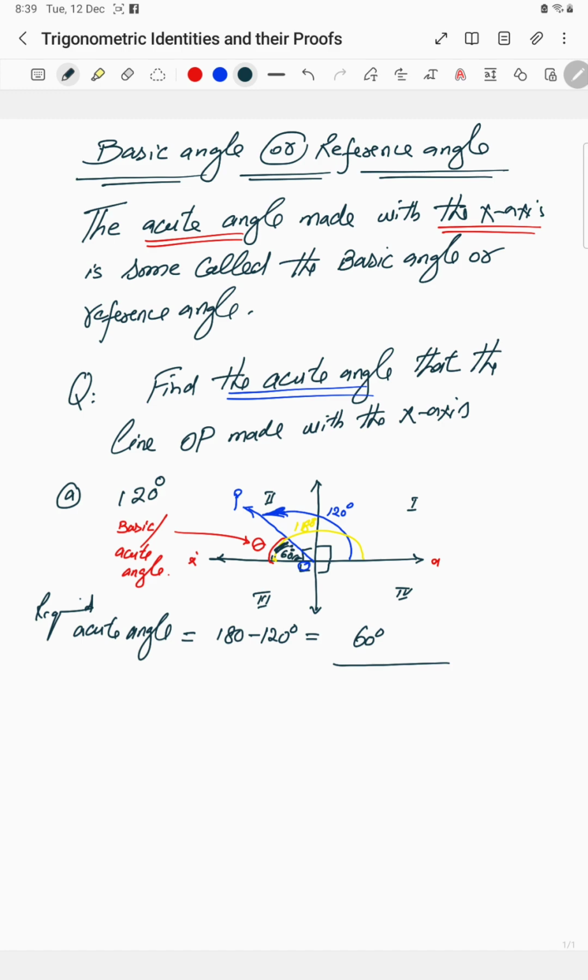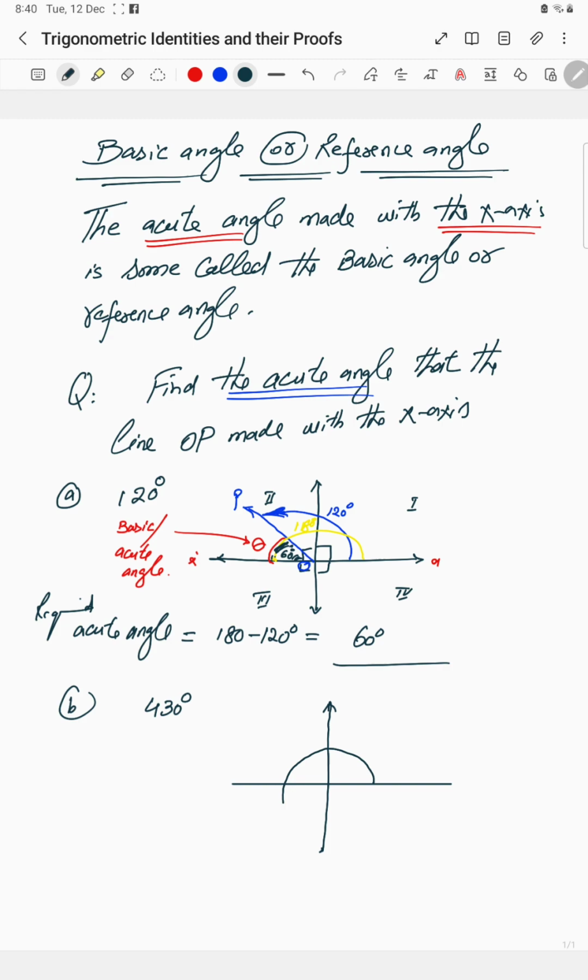Take a few more examples to make it more understandable. Say 430 degrees. We know that the total sum of angles up to the fourth quadrant is 360 degrees. Yes, 360 degrees, a total complete circle. So 430 is more than that. As it is positive, you need to start from here.